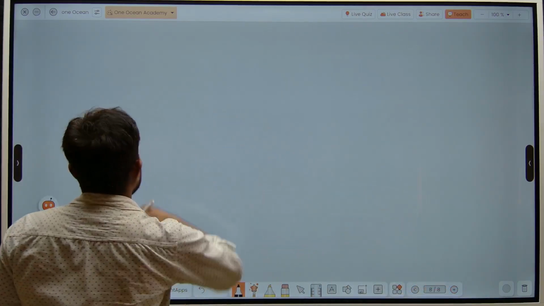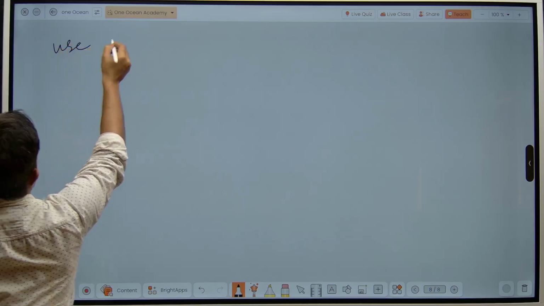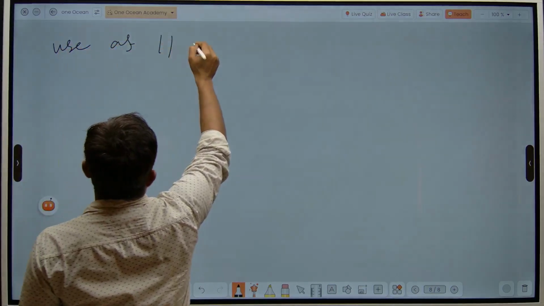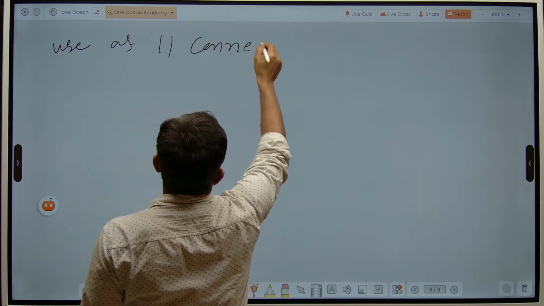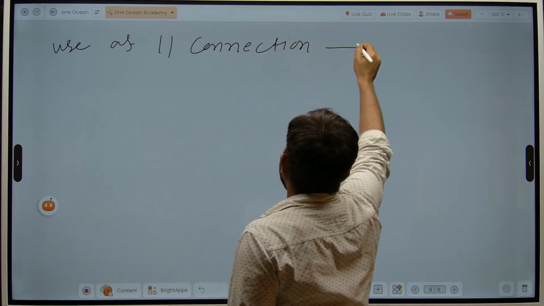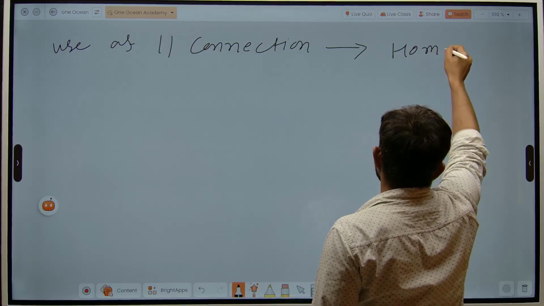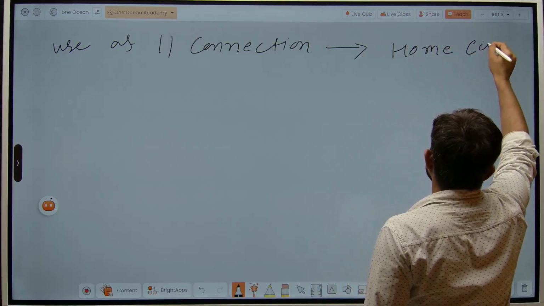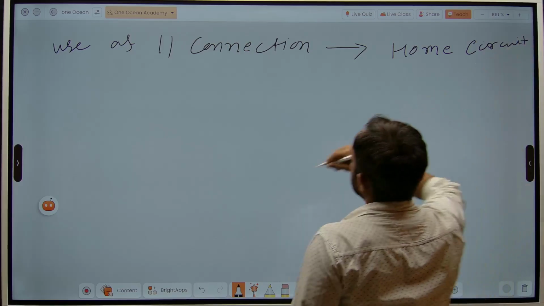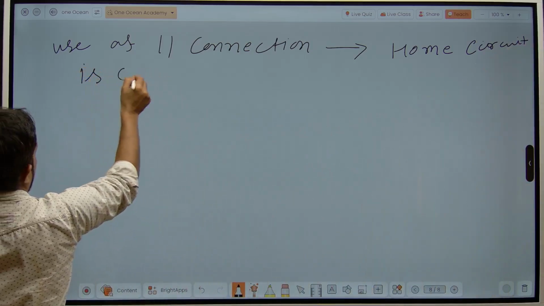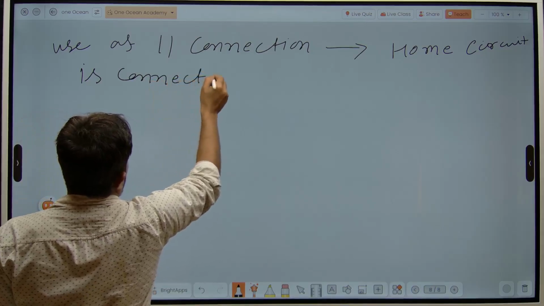Use of parallel connection. So, home appliances, home circuit is connected parallelly. Why?